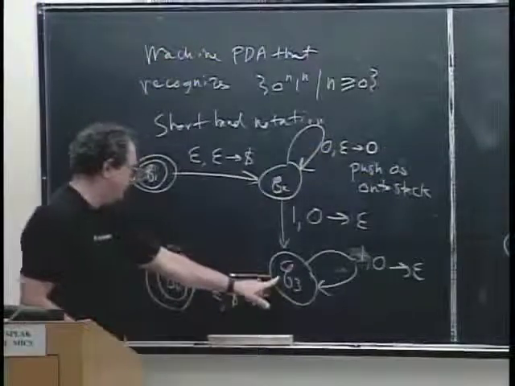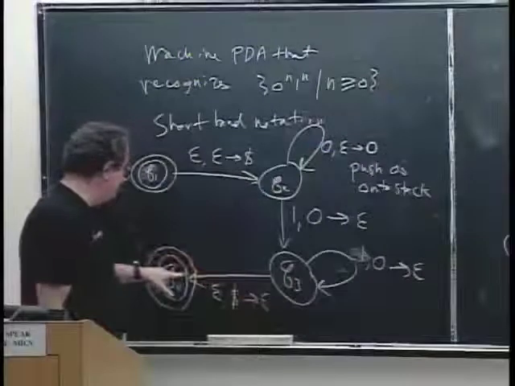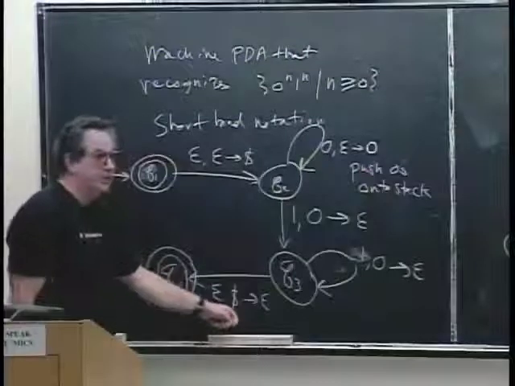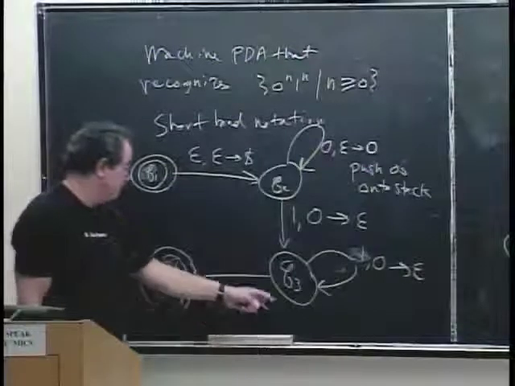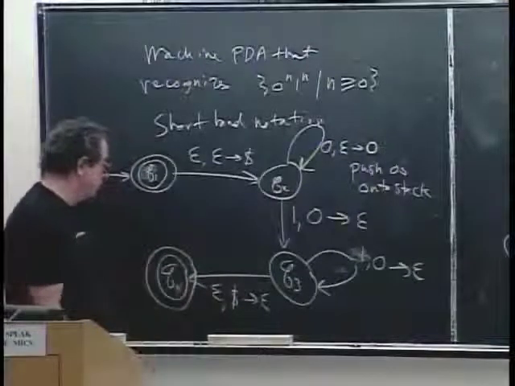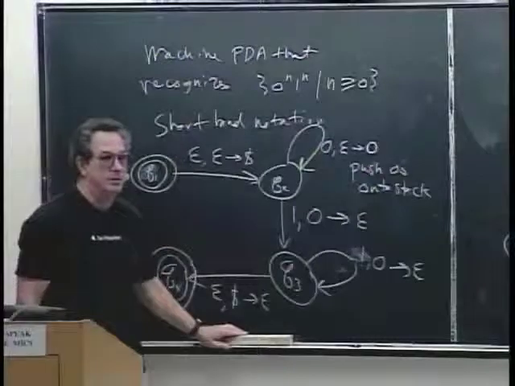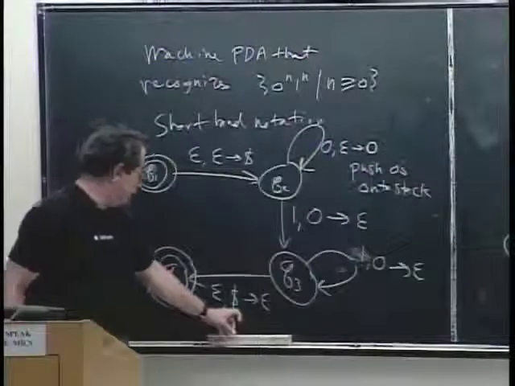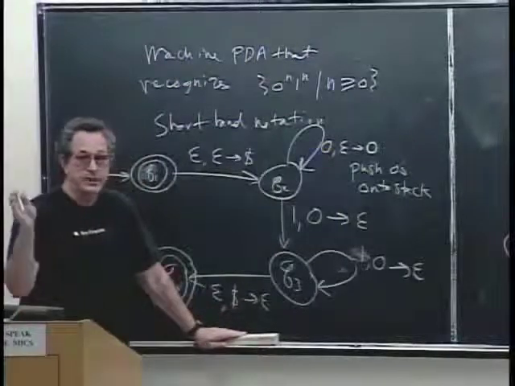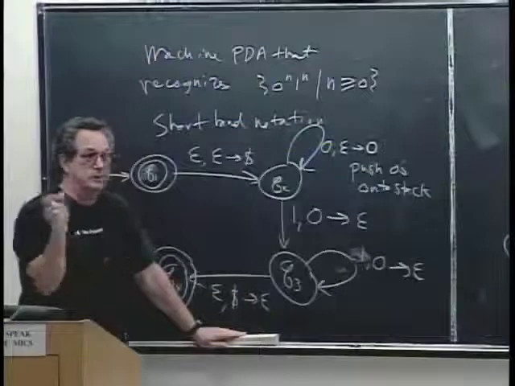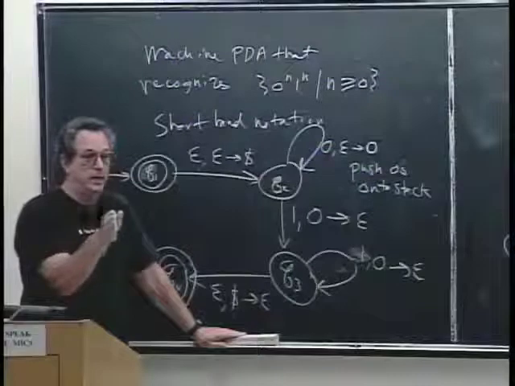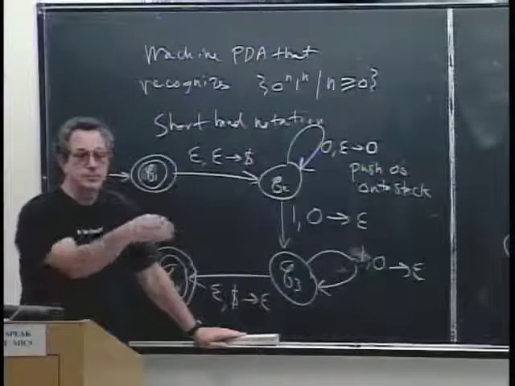So if we go over here too early and there's still symbols left in the input, the stack might be empty, okay, but the input sequence isn't fully consumed. And what would that mean? If the stack is empty, but the input sequence isn't fully consumed, then we definitely don't have the same number of zeros followed by the same number of ones. We have some number of zeros followed by a 1, an equal number of ones to the zeros we've seen, but there's something left over.